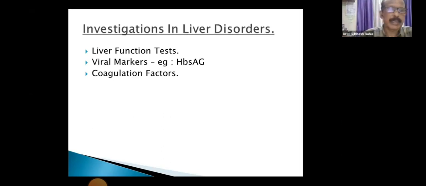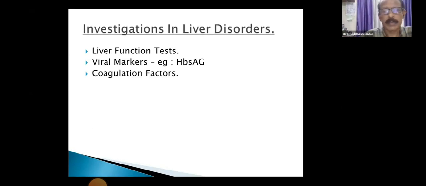So these chronic hepatitis patients, or hepatitis B virus, hepatitis C virus, hepatitis A virus, and so many infectious diseases are there.